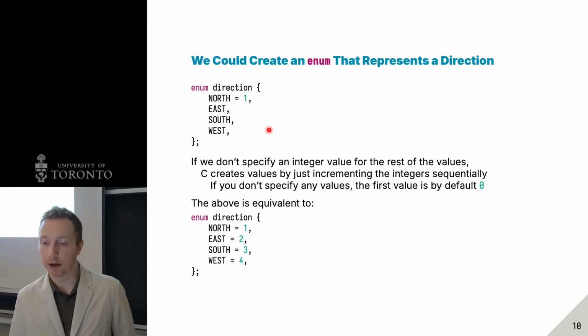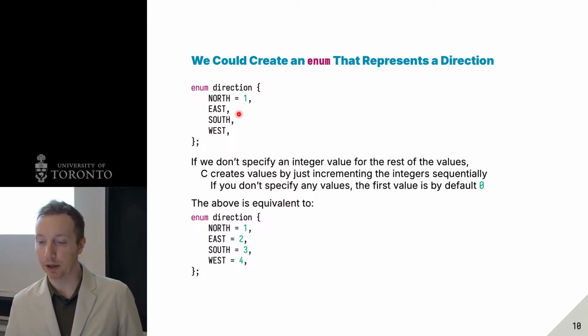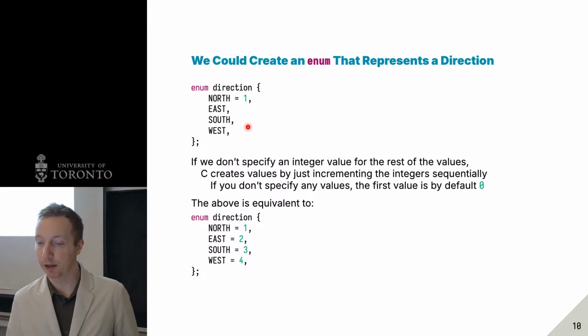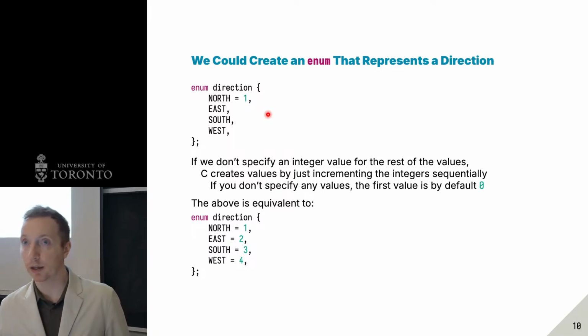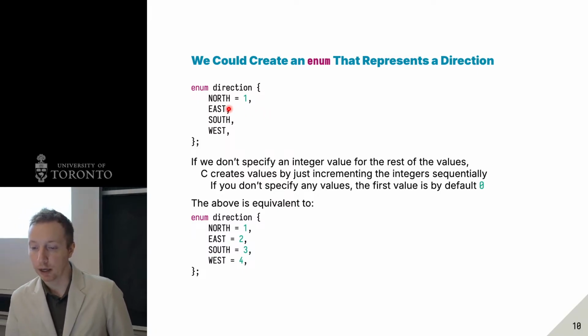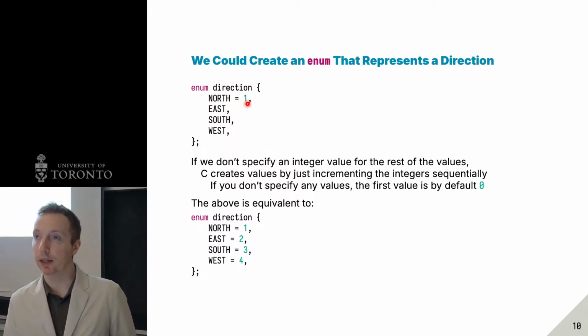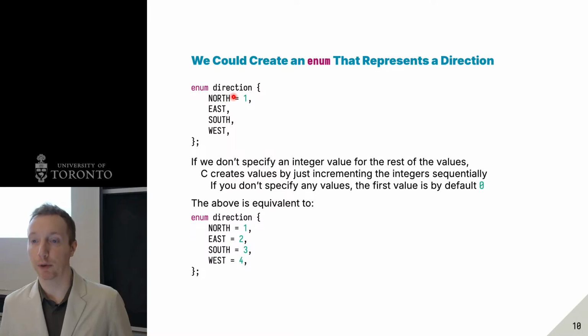So the rules are if you don't specify an integer value, so I could just write north, comma, east, comma, south, comma, west, comma. If I don't do that, the first value listed is going to get the value 0. The next is going to get the value 1, then 2, then 3, until everything gets assigned a number. If I assign a value 1 here, that means this north definitely corresponds to the number 1, and the rest of them follow sequentially.